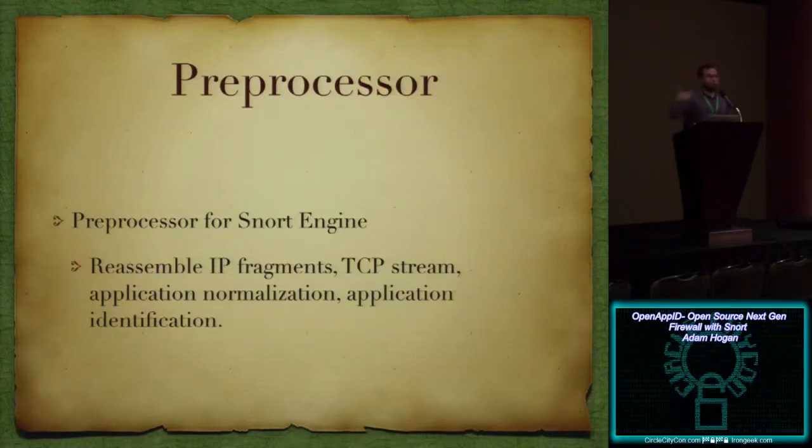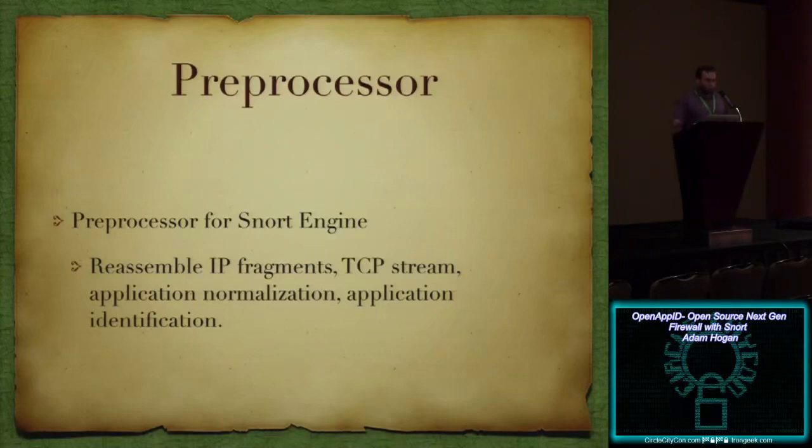You want to rebuild a TCP session. You need to normalize HTTP traffic if you're ever going to figure out what's in there. Those are all components of the Snort engine known as preprocessors, the way that we can assemble streams of traffic as packets come through, and then pass that on to the rules engine. So this is another preprocessor that we can add to it.